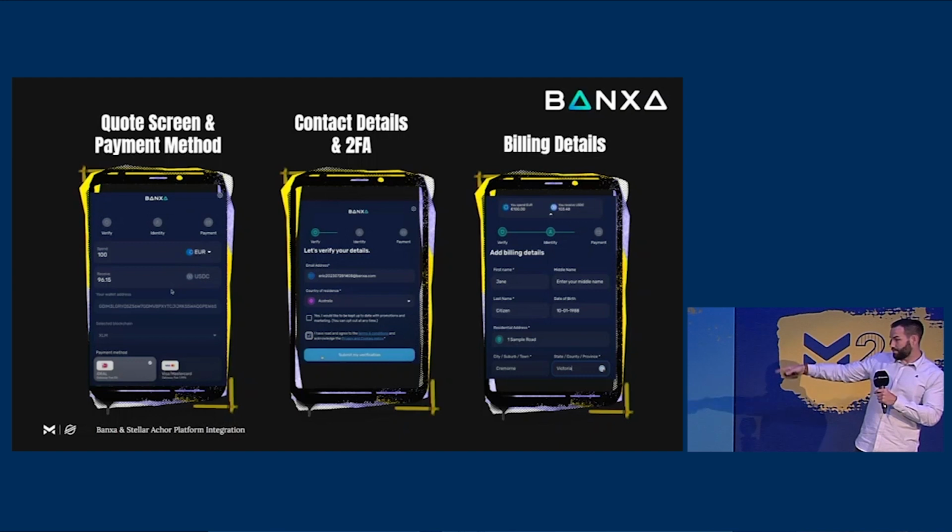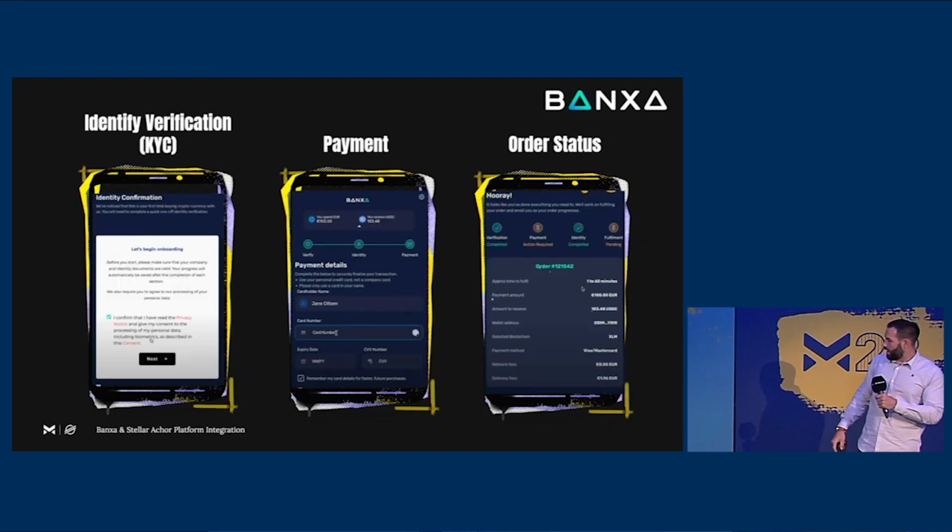You can skip that page if all the information has already been provided, because you can get it all via API. We verify the customer by SMS OTP or email OTP, and we get their information. This is where we tick all the boxes for compliance: identity verification and KYC.